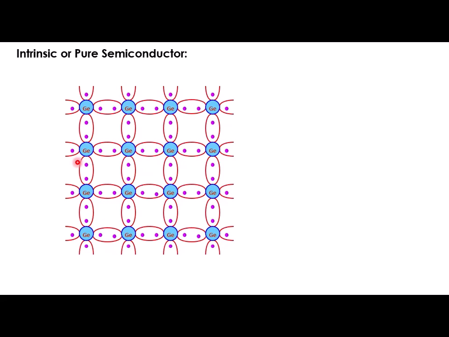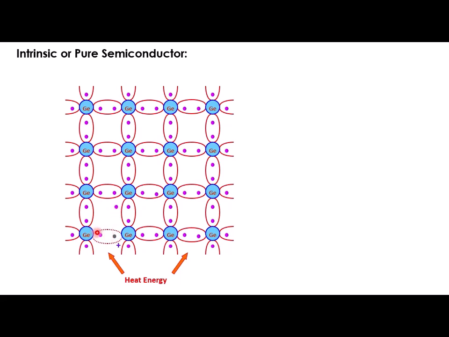Now when you supply a small amount of heat to this germanium crystal, what will happen? Some of the germanium covalent bonds will break and one electron from those 2 electrons will be excited by breaking that bond.